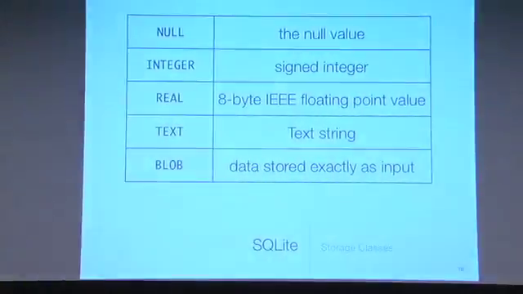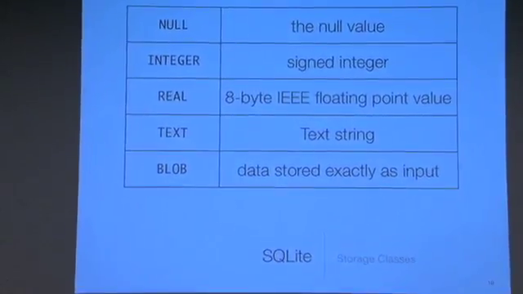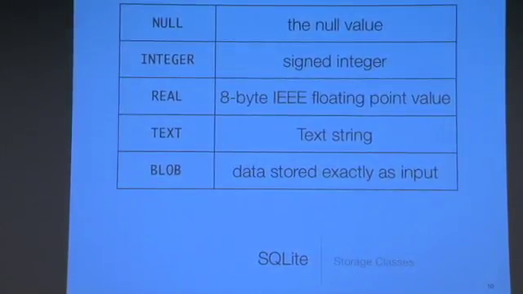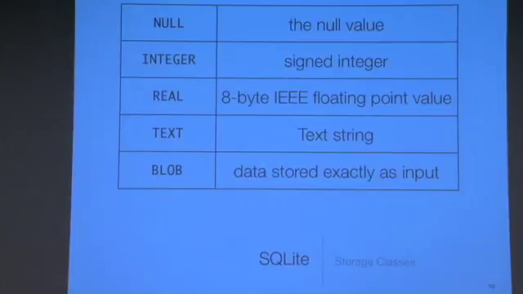So these are the various storage classes, as SQLite calls them, that you can use for a particular field. And again, another word for field is a column. So you might have an integer, which could be a signed integer, or a real, which would be a floating point value, text, or a blob. Now, realize that there's no Boolean value.